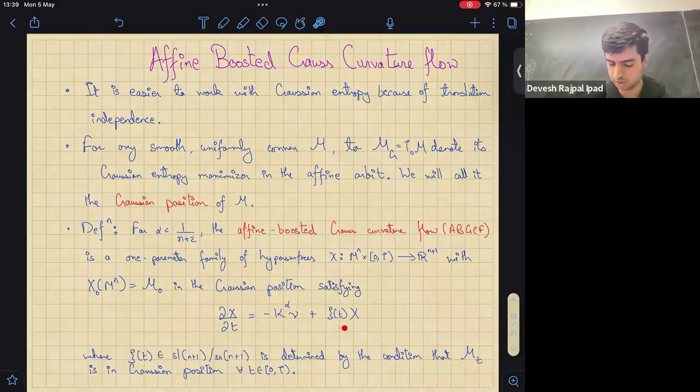But we need to do these affine corrections such that the flow remains in the Gaussian position for all time. And if I start with a Gaussian position, I can find formulas for Xi_t such that the flow is in the entropy extremizer in the affine orbit.